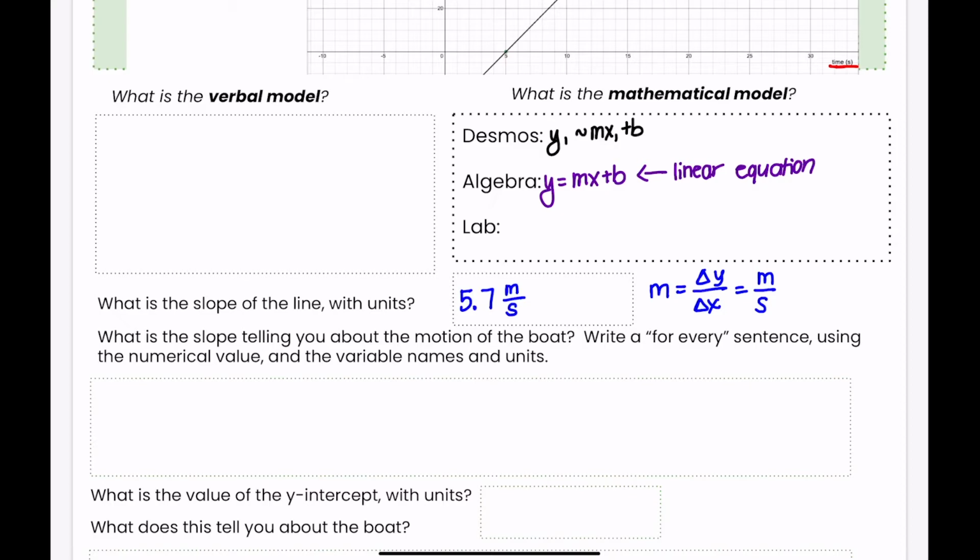And what this particular part means is, for every 1 second, the boat travels 5.7 meters.